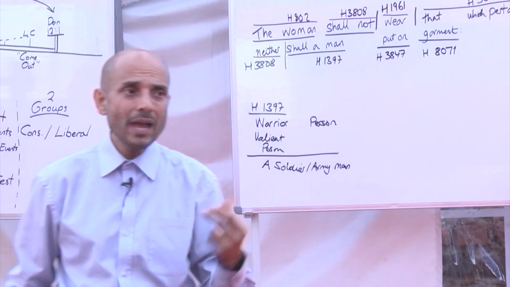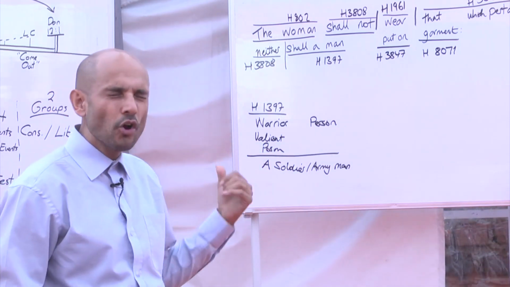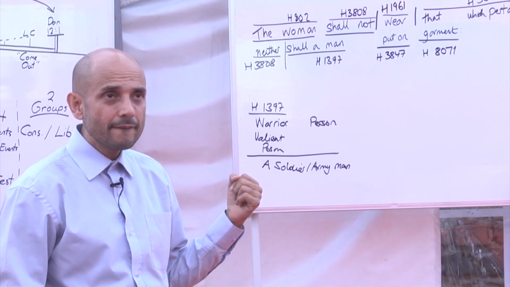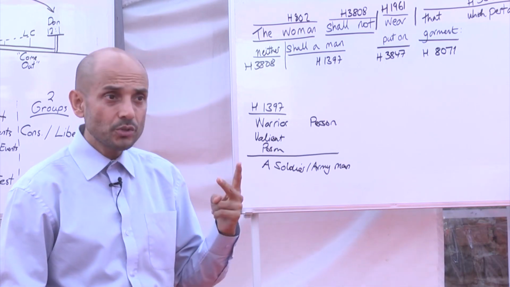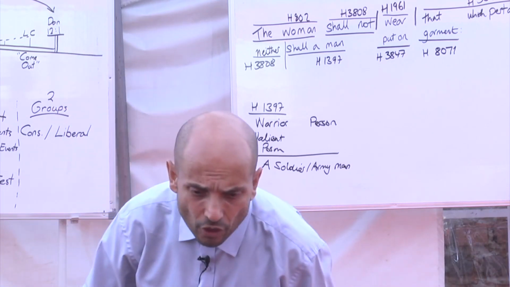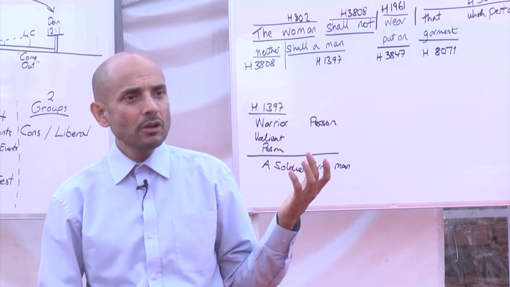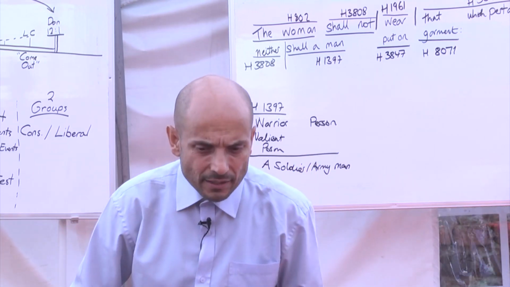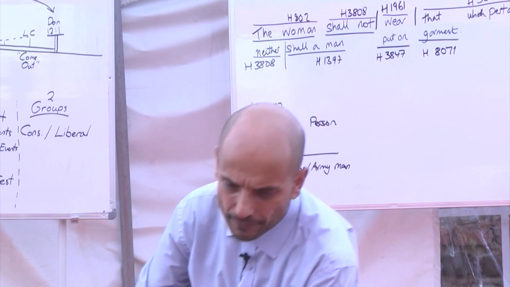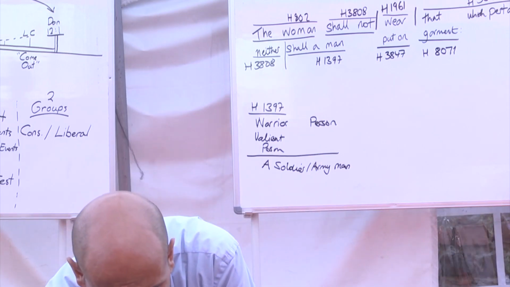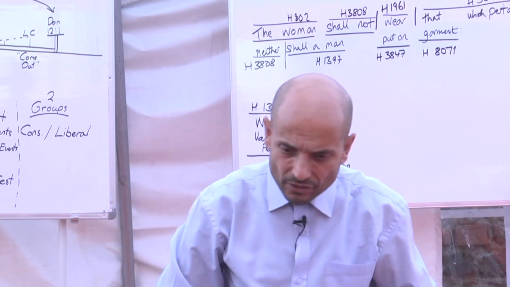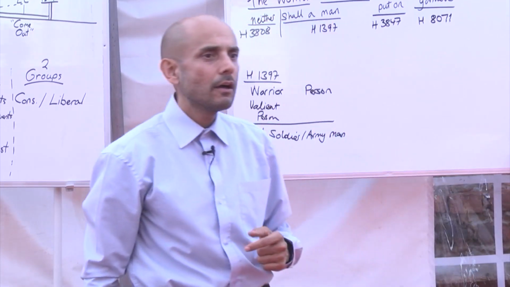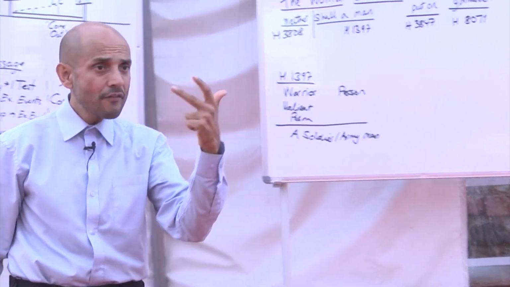How many versions do we have for this word? In Strong's you have two, don't you? We have properly and generally. Properly, a valiant man, generally, a person. If you go to Brown Driver Briggs, you have a man, a strong man, a warrior. How many is that? Three. Three in Brown Driver Briggs.